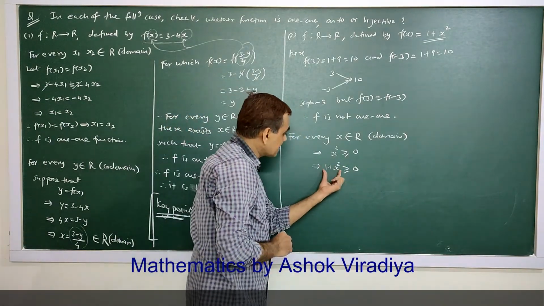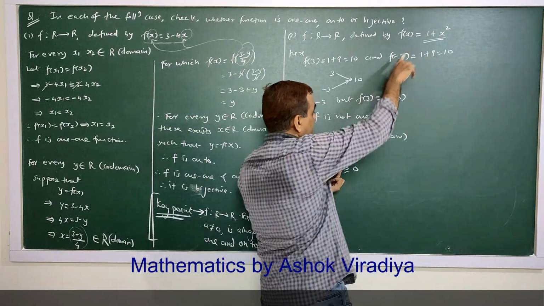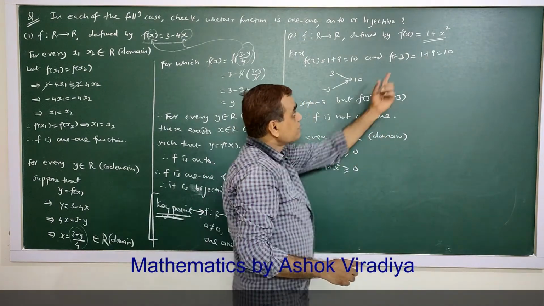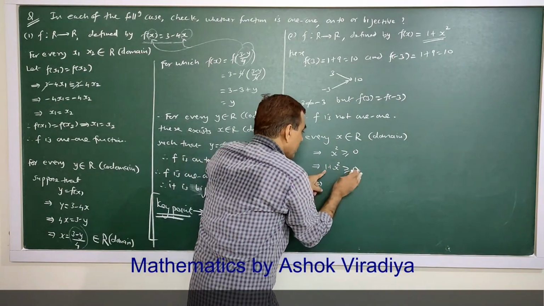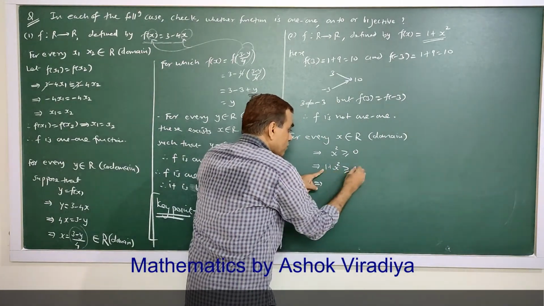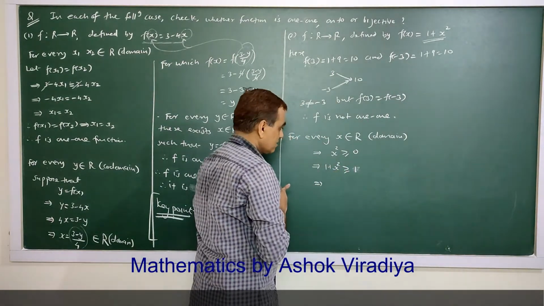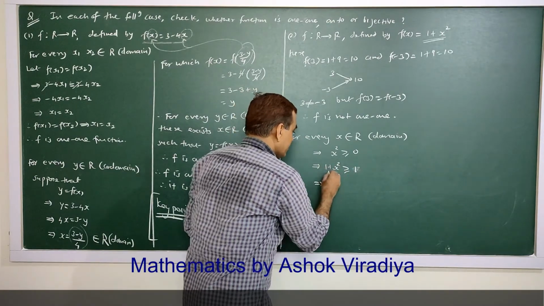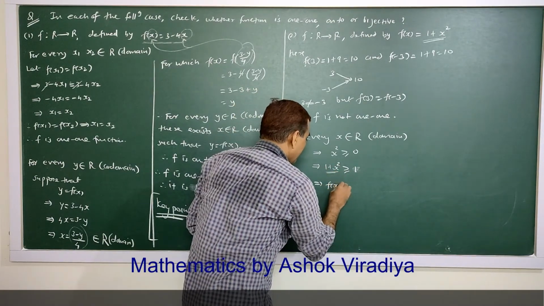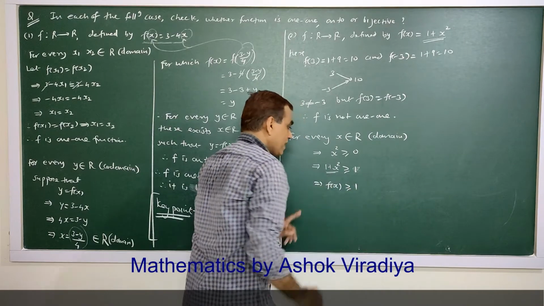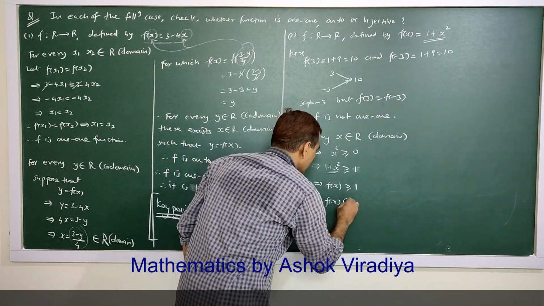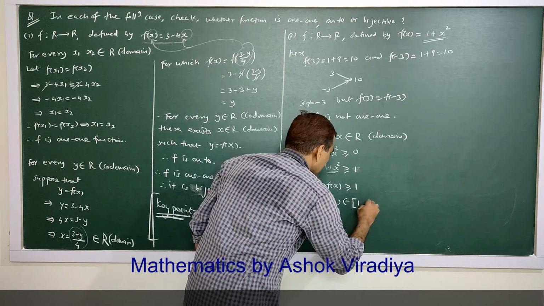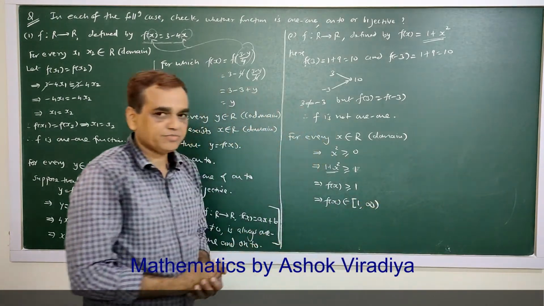See, this is f(x). Here, develop these terms as per the question. Sorry, I made a mistake here: adding 1 to both sides. So now this is f(x). So f(x) is greater than or equal to 1. That means f(x) belongs to the closed interval 1 to infinity.